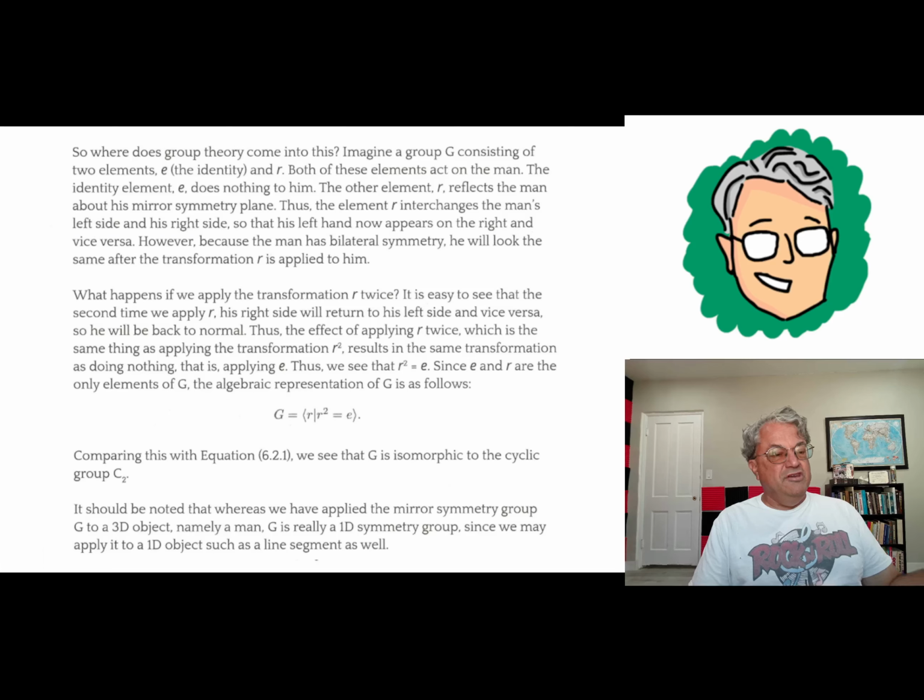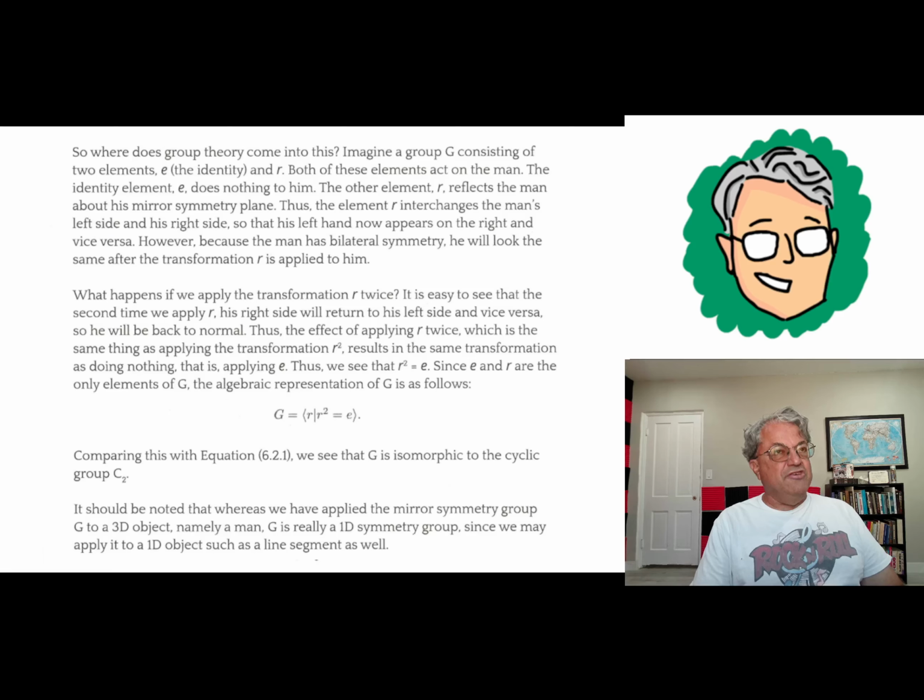If you applied the mirror symmetry operation twice to a baseball mitt, first you start out where it's fit for your left hand, then you apply R, now it's fit for the right hand. You do it twice, it's fit for the left hand again. So it's pretty easy to see that applying the mirror symmetry operation twice gives you the identity. So R is its own inverse, but every element has an inverse. E and R are both their own inverse.